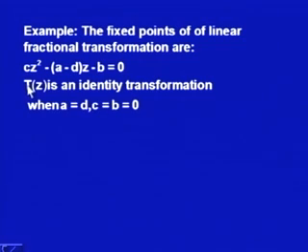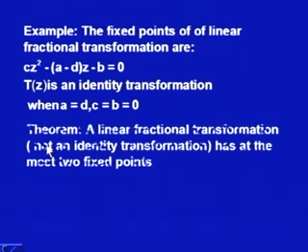So, the transformation T(z) is an identity transformation when a is equal to d, this is 0, and b and c are also 0. So, this equation is trivially satisfied. That means every point will map to itself, and such a transformation is an identity transformation.